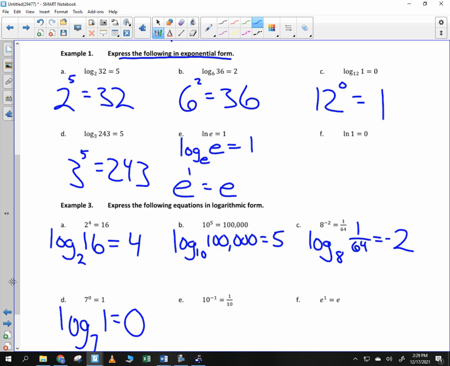Look at the next one. If it's natural log, what's the base? E. What's the exponent? 0. Equals 1. Anything to the 0 power is 1.